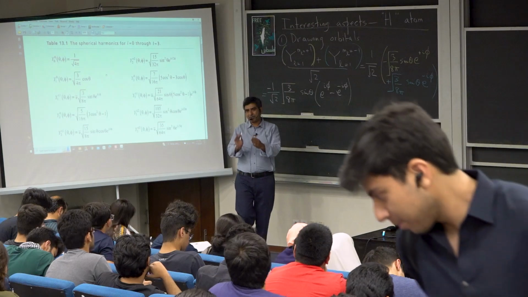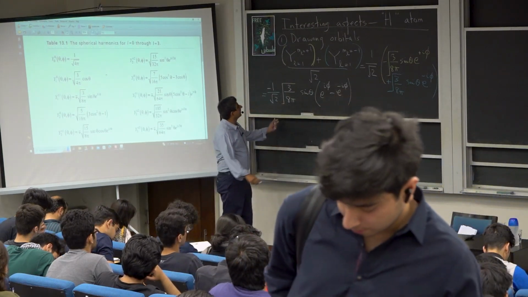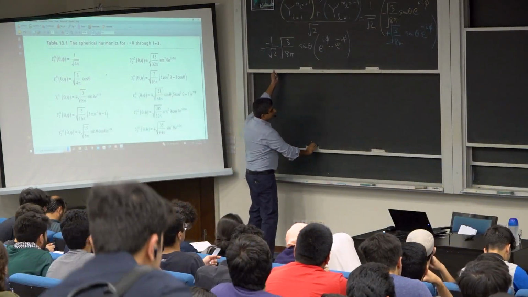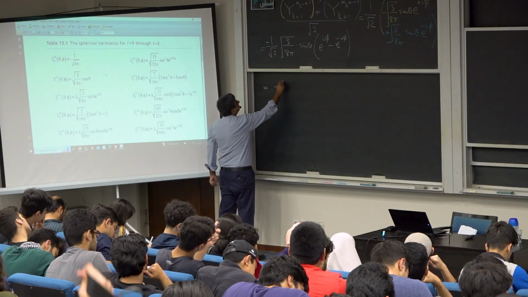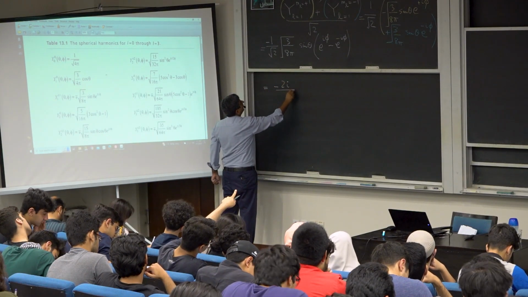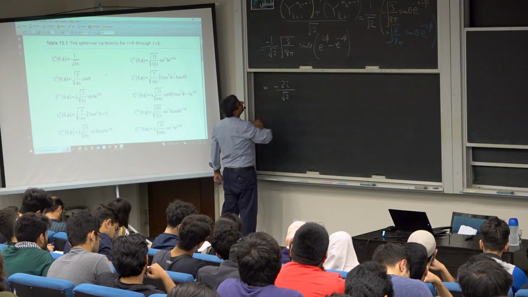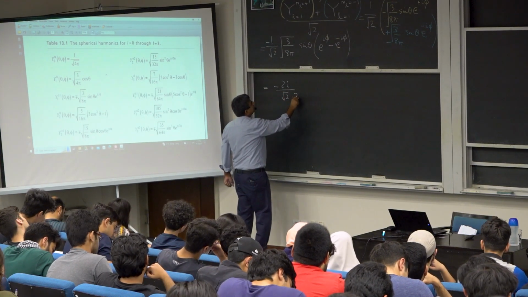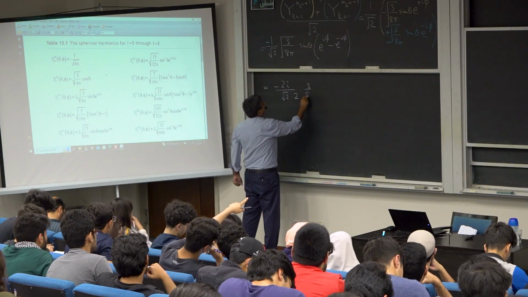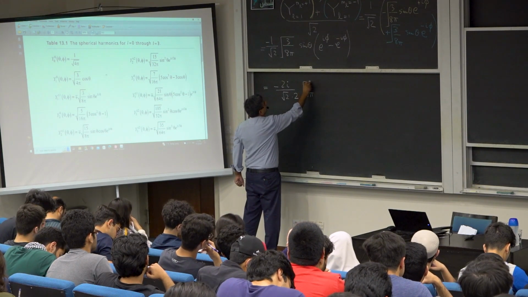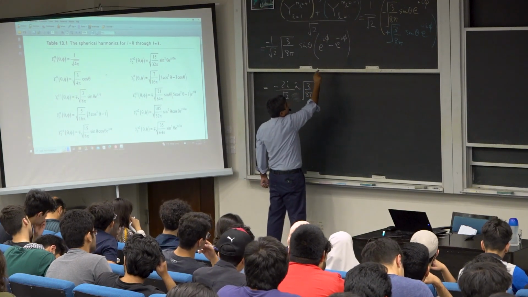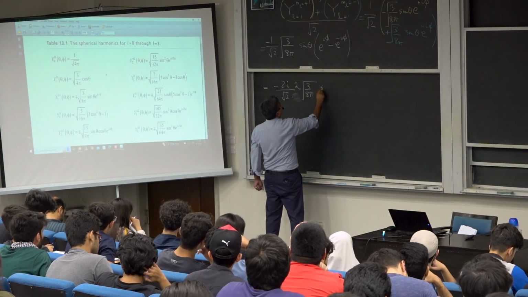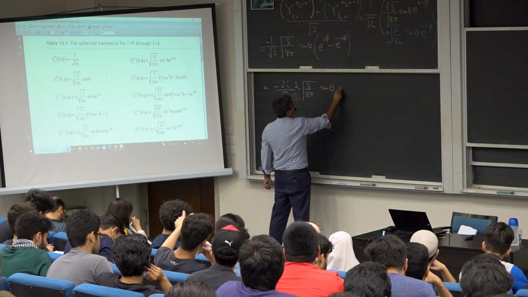This is 2 times iota times sine phi. So overall, the superposition of these wave functions becomes minus 2 iota over under root 2. Sorry, I need to multiply with 2 because I want to put in a 2 in the denominator here. 3 over 8 pi, sine theta sine phi.